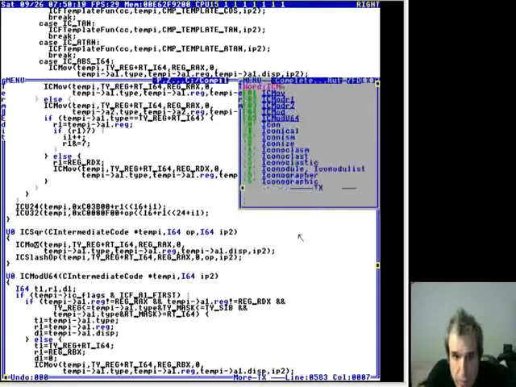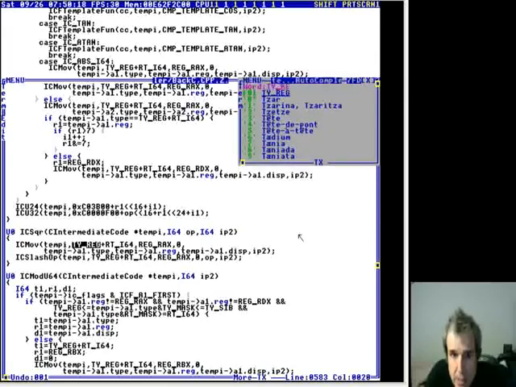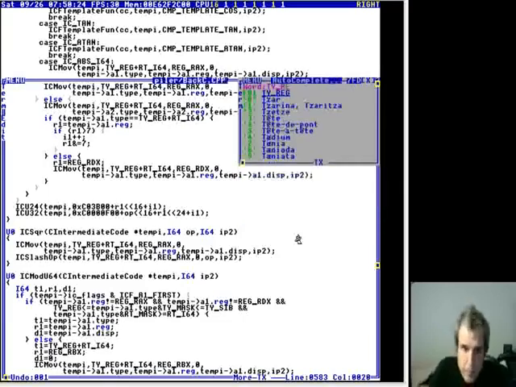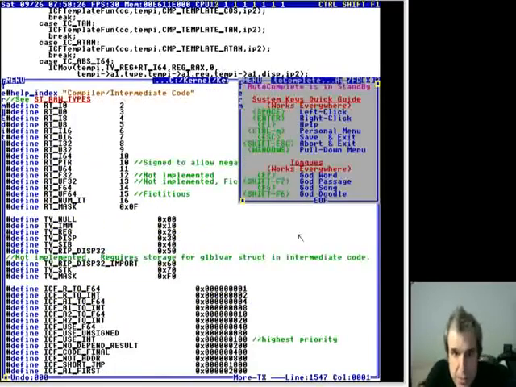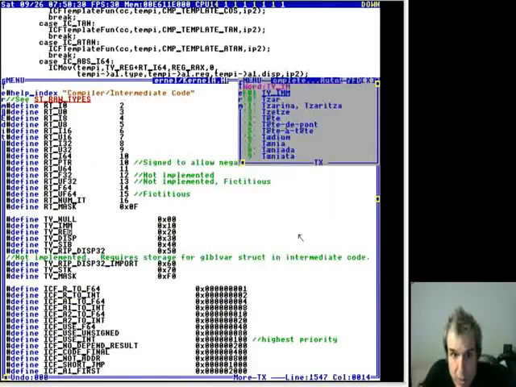I should tell you how the back end works. The back end has type, mode. You can have an immediate mode. You can have a register.